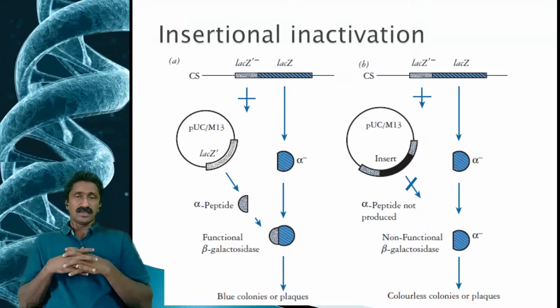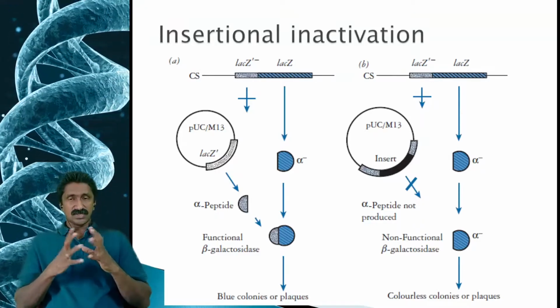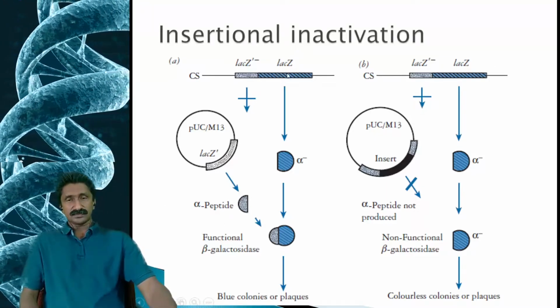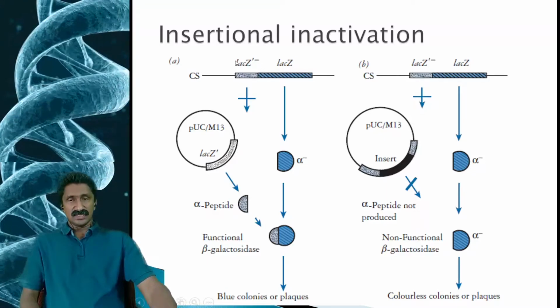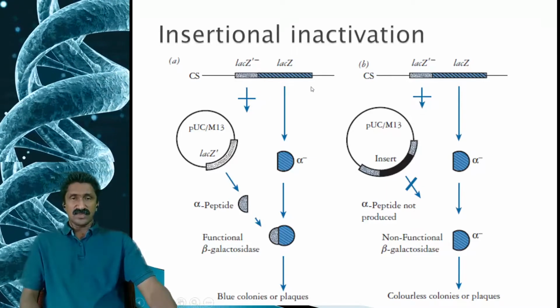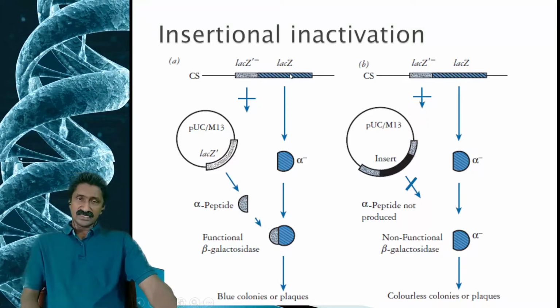Here we have the illustration, which is based on insertional inactivation. Here you can see that in the lacZ gene of the host cell, the lacZ alpha portion is missing. So we have a specifically designed host cell in which a portion of the lacZ gene is missing.